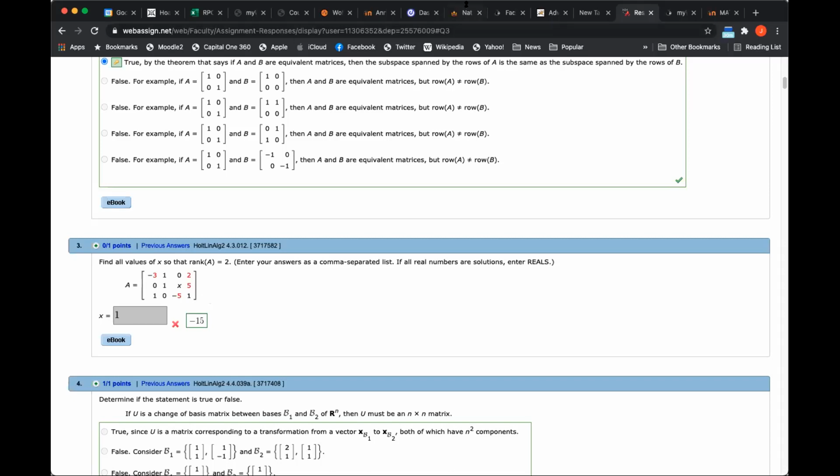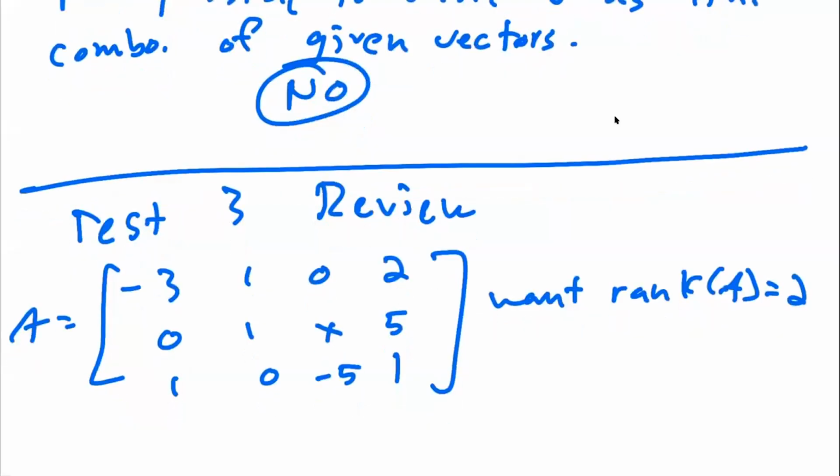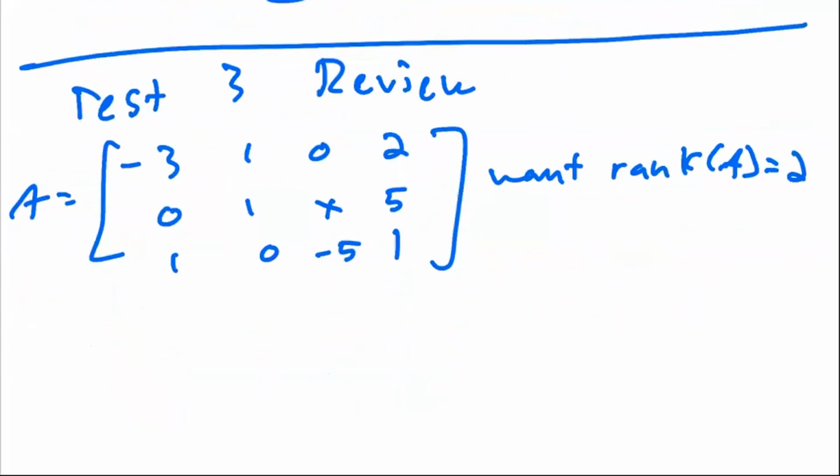All right, so I've got it written down, so I'm going to share my other screen. All right, so we want the rank of A to be equal to 2.